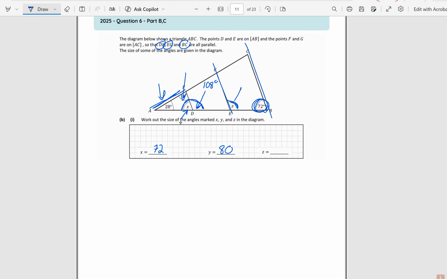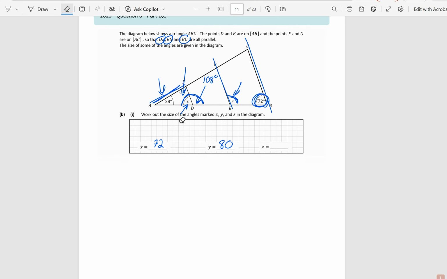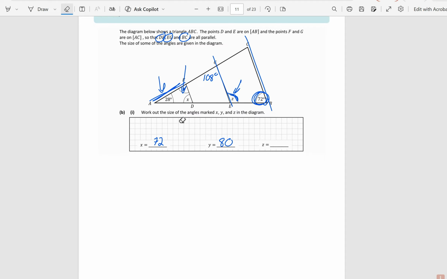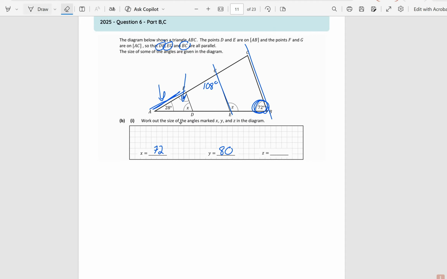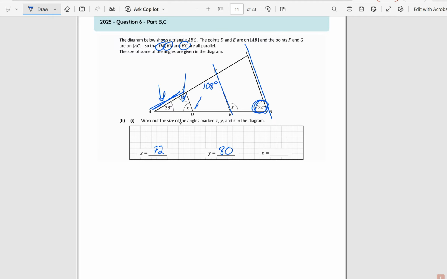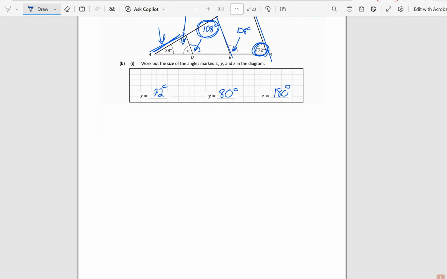Because I know that this z is the same as this here. So this angle is the same as this angle here. If that's 108, then that's 108. We'll make sure to put in our degrees because we don't want to lose any handy marks.